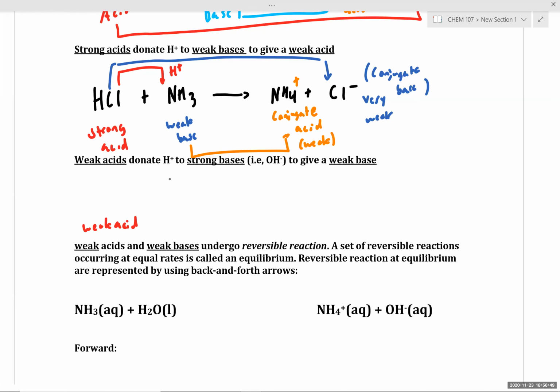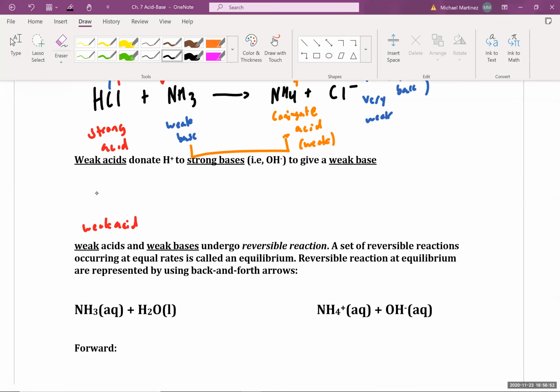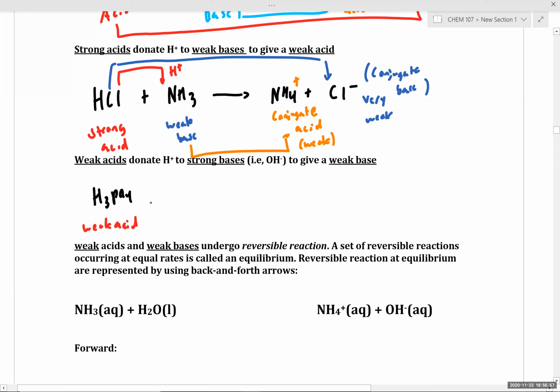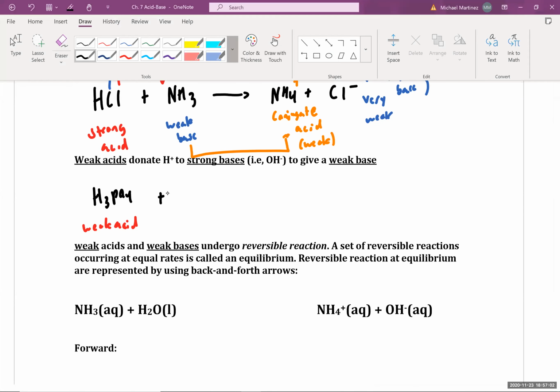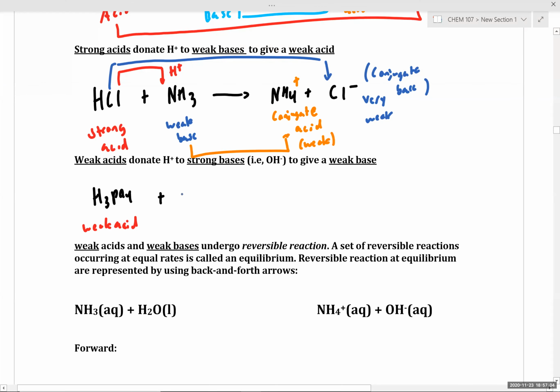Phosphoric acid. Sure. We can look at phosphoric acid. So phosphoric acid will react with strong bases, and in turn, we'll generate a weak base.